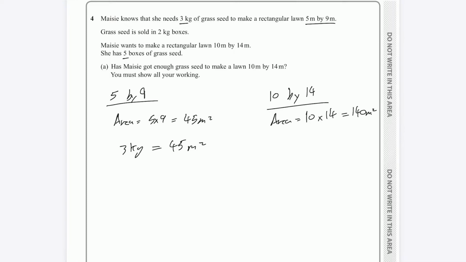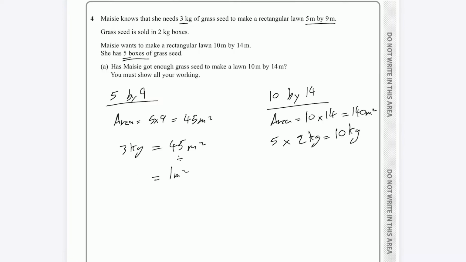And we know she's got 5 boxes. So 5 times each box has 2 kg. So in total, she has 10 kg. So we need to figure out whether she has enough. There's 2 ways you can really go about this. The method I'll use is I'll bring this down to see how much area 1 kg covers. So how much does 1 meter require?